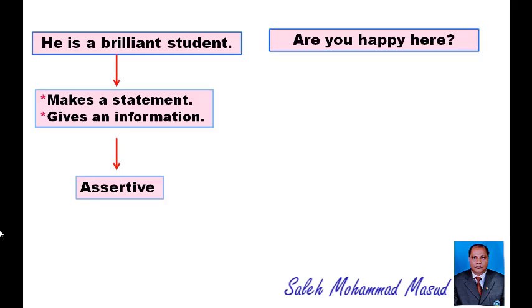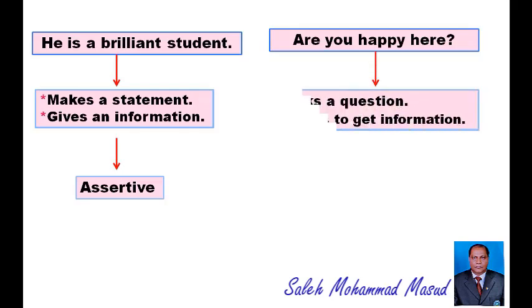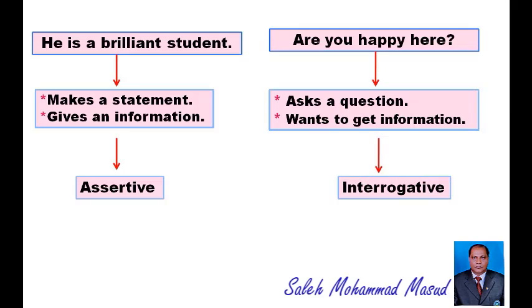Next sentence, are you happy here? What's the function of the sentence? Yes, it asks a question and it wants to get information. And this kind of sentence is called an interrogative sentence.